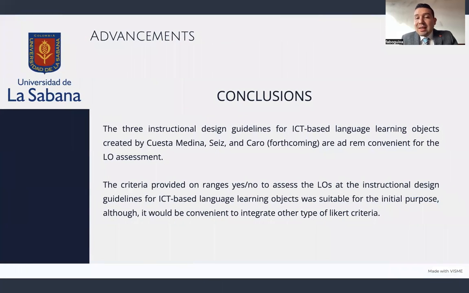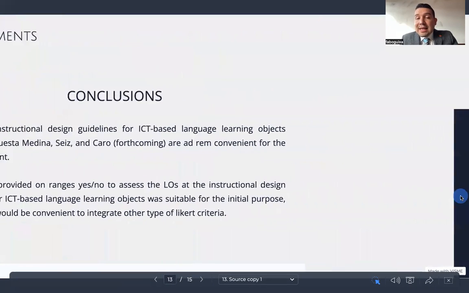We considered that the guidelines are convenient for the assessment of the learning objects. However, we also consider that the yes or no ranges are suitable but could be enhanced by another type of Likert criteria.